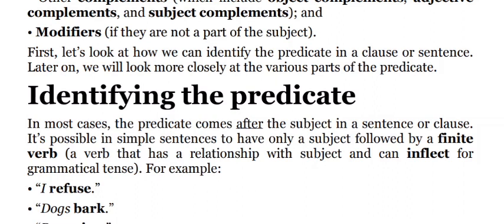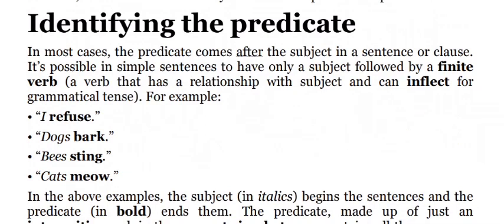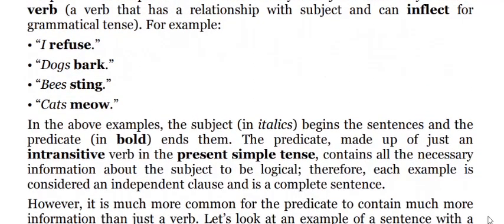For example, now we will see some examples of the predicate. I refuse, dogs bark, bees sting, cats meow. Now you can see in the above examples the subject begins the sentences and the predicate is in bold.